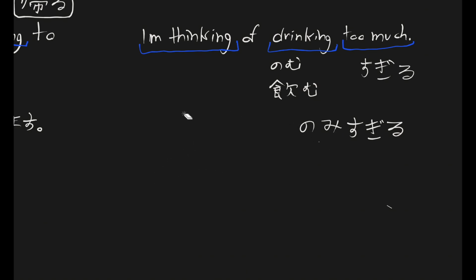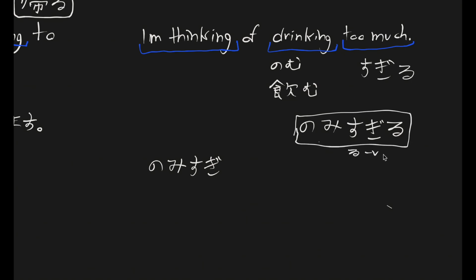try and pause and try to translate this yourself before checking back in. Okay, let's translate this. I'm thinking of drinking too much. So we're going to start with nomi sugi. Now remember, this nomisugiru, this entire thing, is now a ru verb, or an ichidan verb, if that's how your class taught it, or if that's how you self-study it.